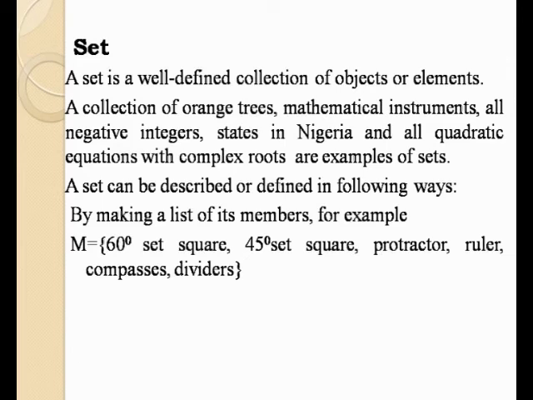For example, M is equal to 60 degrees set square, 45 degrees set square, protractor, ruler, compass, divider. Here we are talking about a mathematical set, that is what can be found in a mathematical set.